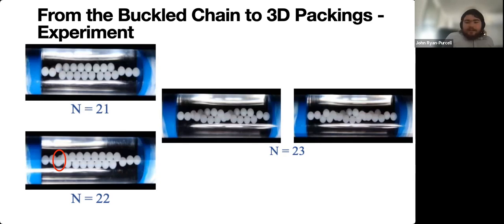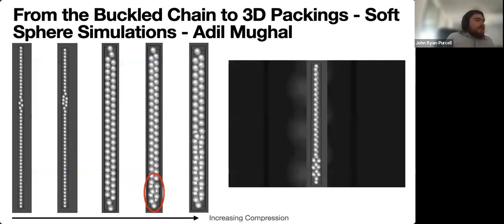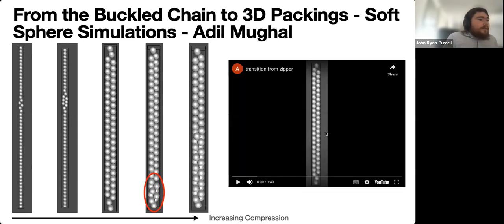To move on then to soft sphere simulations done by Ali himself, here we see this movement from the buckled structure to this zipper structure, how this zipper structure then grows and then begins to twist into this 3D structure. And so Ali prepared a nice video of this process, which I hope everyone can see.